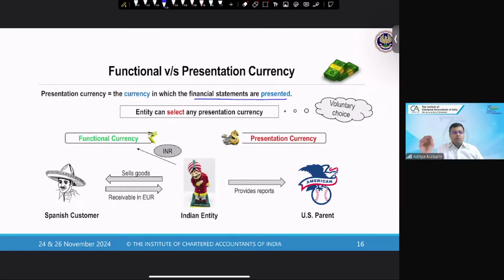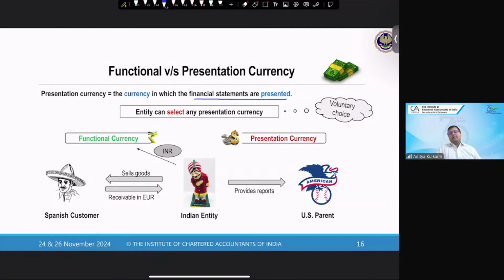The labor force is India. The top management salaries are Indian-based salaries. The pricing is suited for India. Pricing is determined based on economic environment of India. So therefore, your functional currency for Hindustan Coca-Cola is INR and not USD.